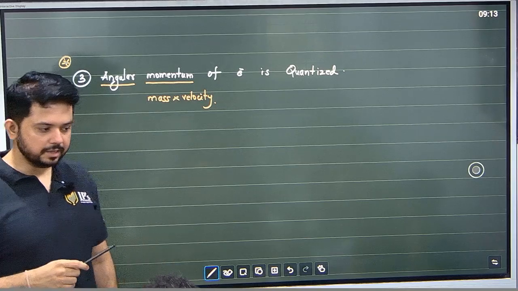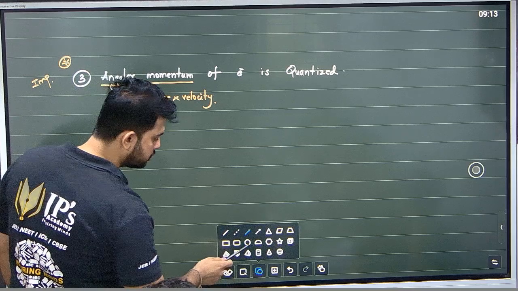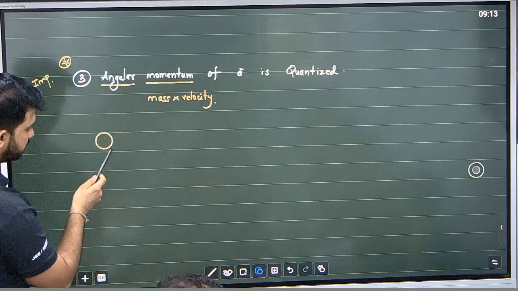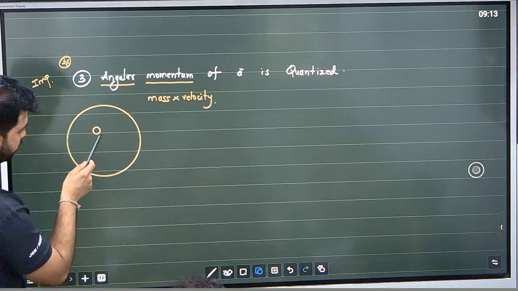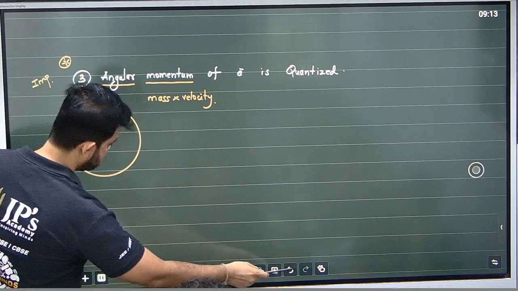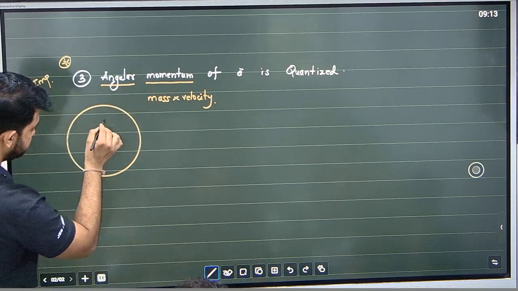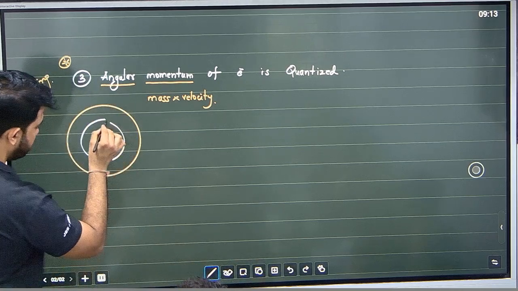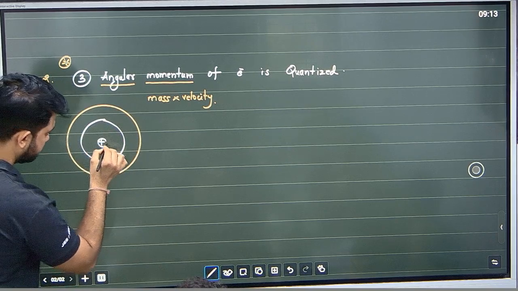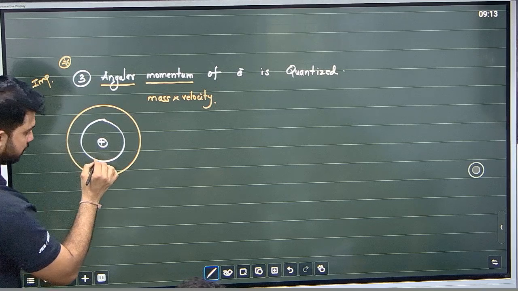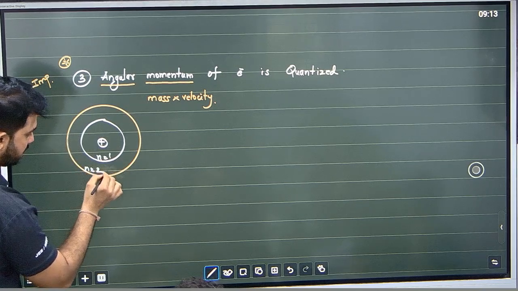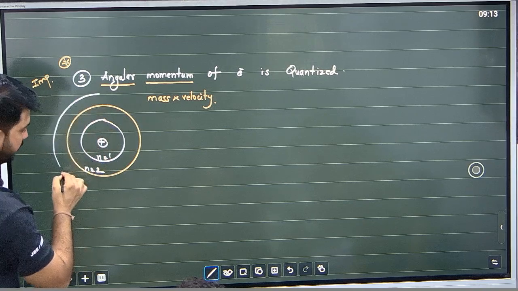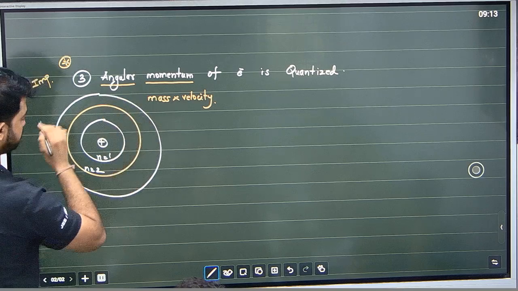Bohr said that only those orbits are possible. If I consider these as different orbits around the nucleus, the one which is closest is called the ground state, जहाँ पे n is equal to 1, n is equal to 2, and so on, n is equal to 3.